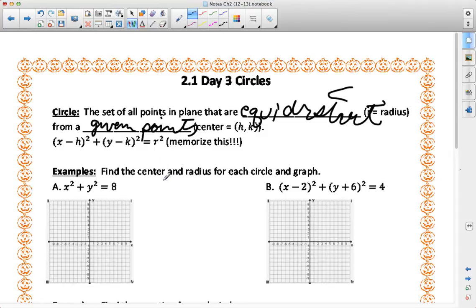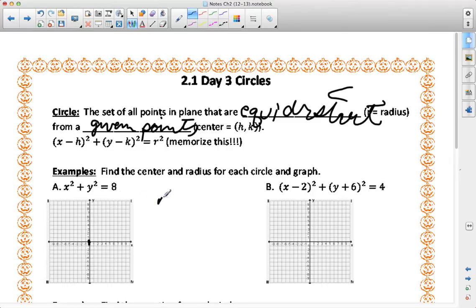Now the nice part is that we find the center and the radius for each circle and graph it. When we look at the most basic of basic versions, that's example A. X squared plus y squared is equal to 8. It has its center at 0, 0, and it has a radius of the square root of 8.